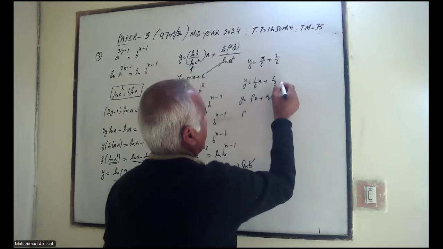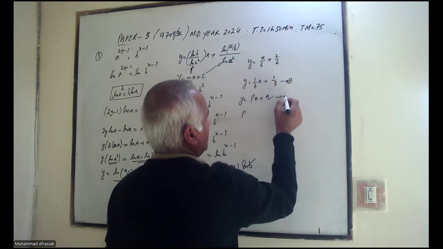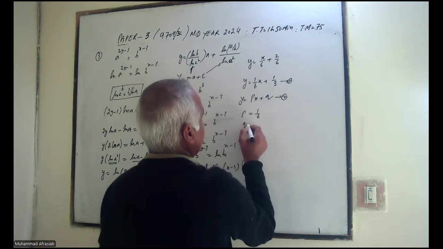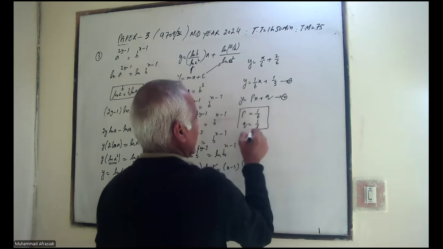So from this equation, p value is equal to 1 over 6 and q value is equal to 1 over 3.